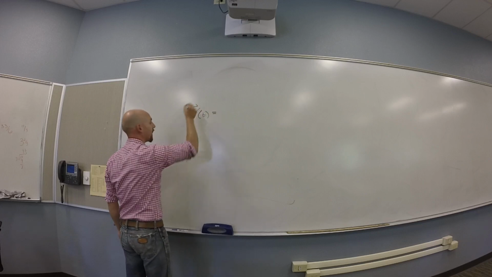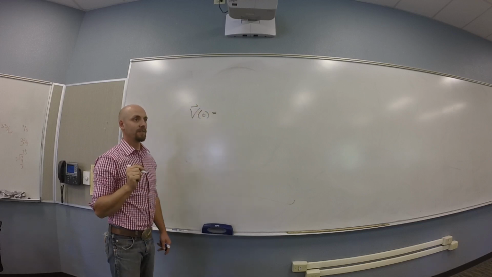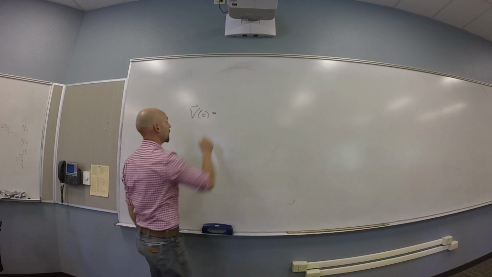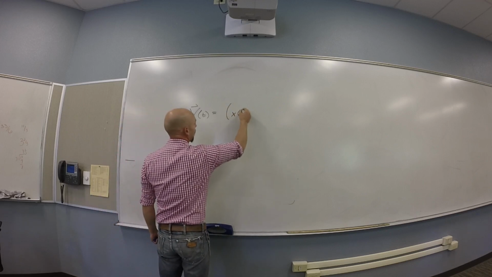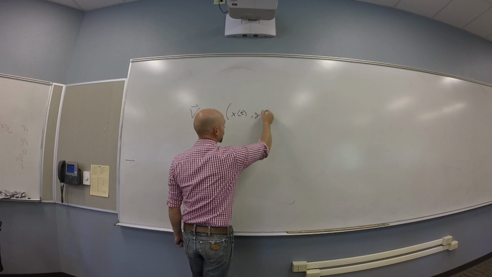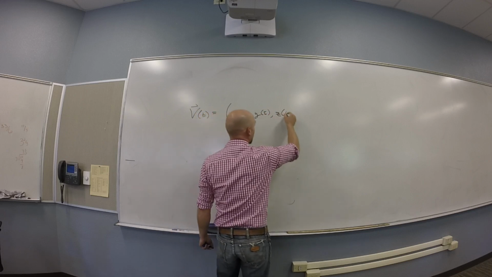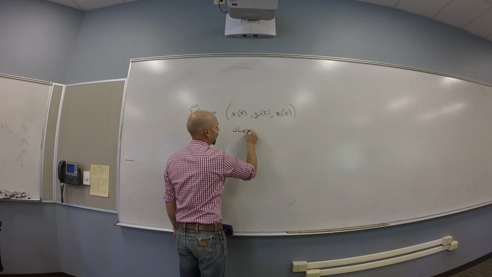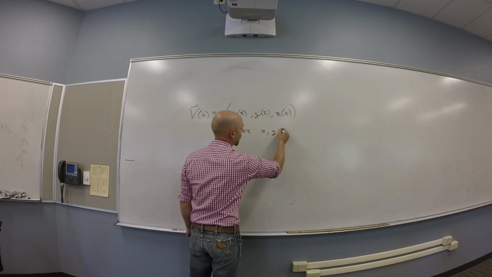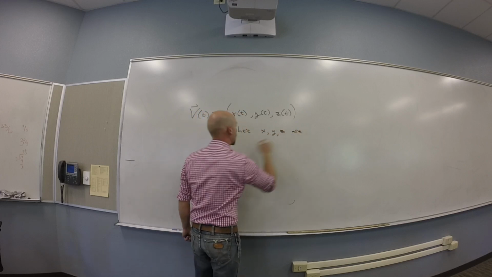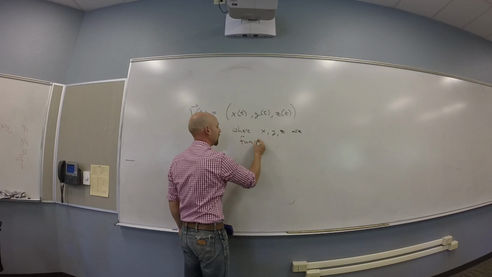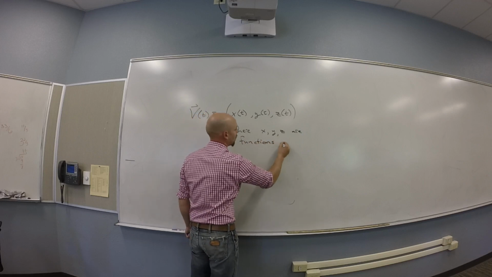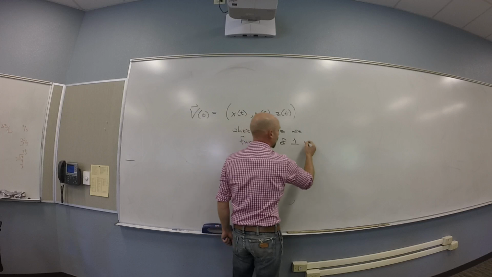And I really should put a vector hat over this thing, because the output's going to be a vector. It could look like x of t, comma, y of t, comma, z of t, where x, y, and z are functions of one variable.